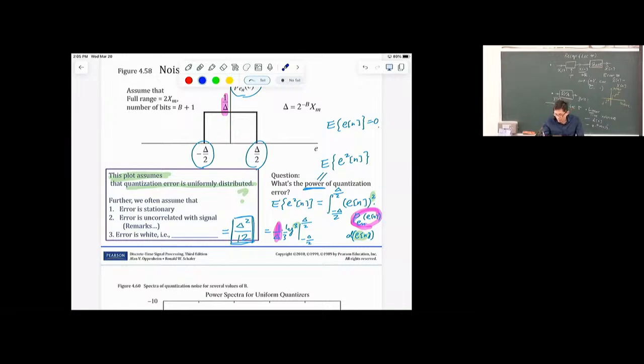I do have a remark. Uncorrelated does not always imply independence. Let me just put a hashtag: correlation coefficient being 0 does not imply independence. Those of you that have taken probability know that.